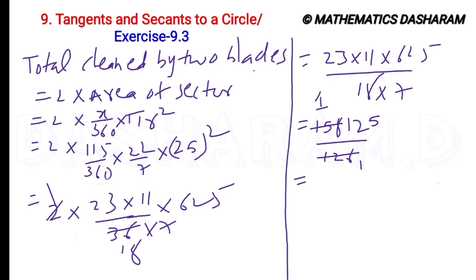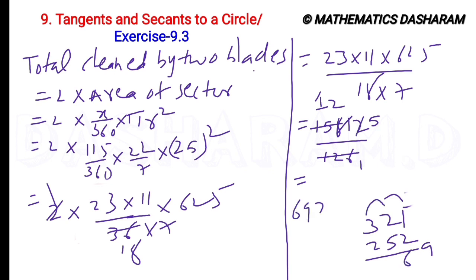126 ones are 126. Remainder is 8 minus 6 is 2, 5 minus 2 is 3. Next digit is 1. So 126 twos are 252. 11 minus 2 is 9. So the remainder is 69. Next digit is 2, 692. So 5 sixes are 630. 692 minus 630 is 62. Next digit 5, 625.